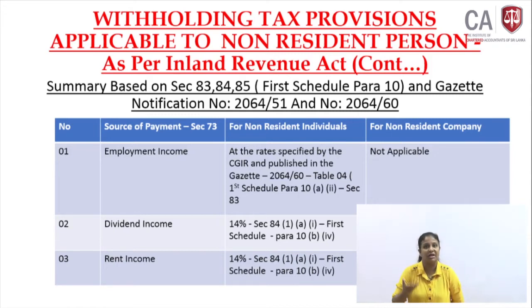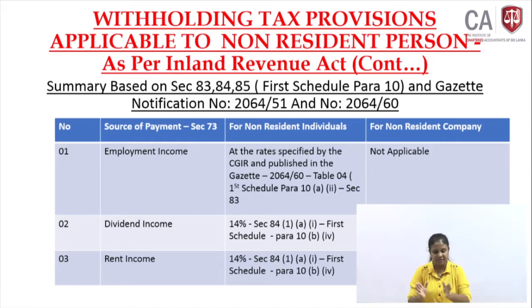In that, for non-residents there is a provision on PAYE deduction, and it is 2064/60, for employment income. The other gazette notification number is 2064/51, which is for specified fees or service fees. In that also there are provisions applicable to the non-resident person.